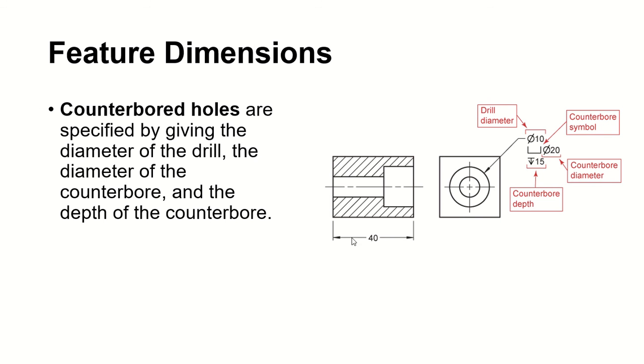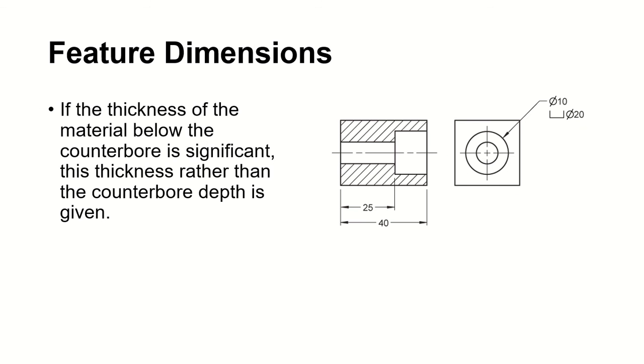Of course, in this example, it's not very proportional. All right, next one is the thickness of the material. So here your depth is 25, and here the drill is 10 and the counterbore is 20. Of course, here we are showing the depth in our rectangular view.